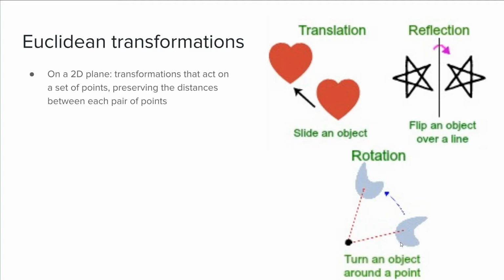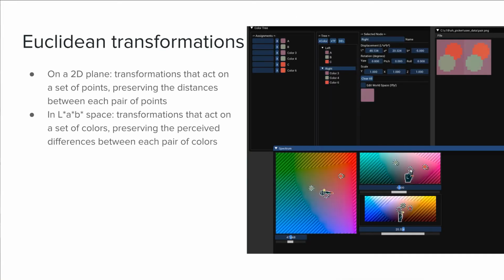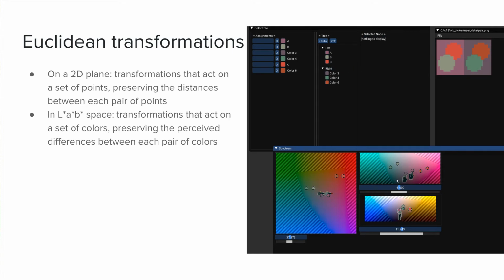So on a 2D plane, a Euclidean transformation is a transformation that acts on a set of points, preserving the distances between each pair of points. Similarly, when we perform a Euclidean transformation in lab space, we can change a set of colors while preserving the perceived differences between each pair of colors.